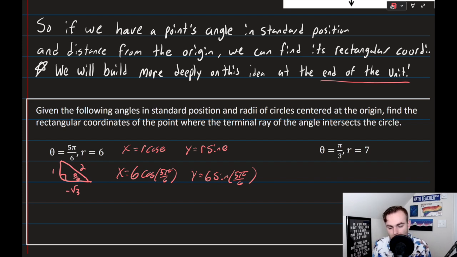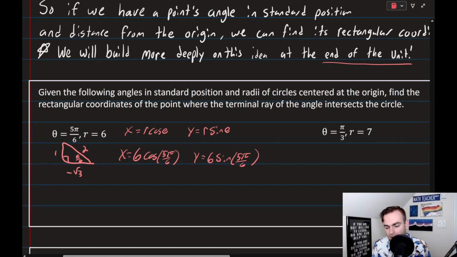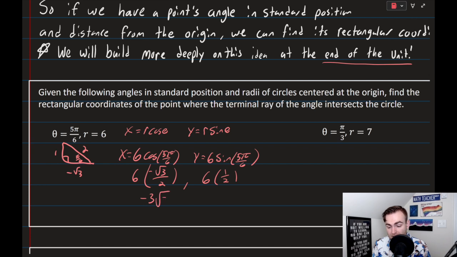I went left, so the root 3 is negative, so I know that this cosine here is negative root 3 over 2, negative root 3 over 2 times 6, and the y would be 6 times 1/2. So this would turn into negative 3 root 3, comma 3 as our point, x comma y. Not bad. Again, you got to have your sines and cosines known, but not bad.